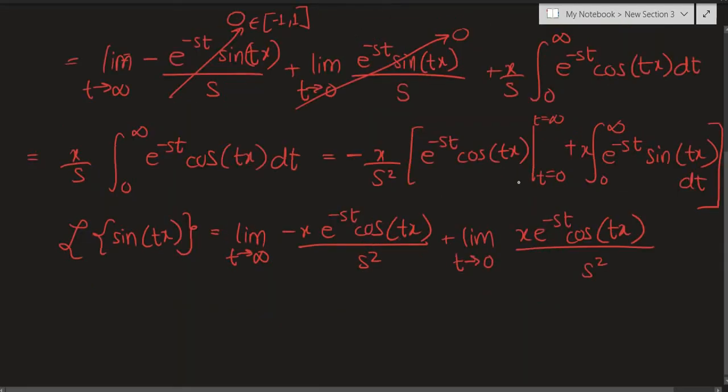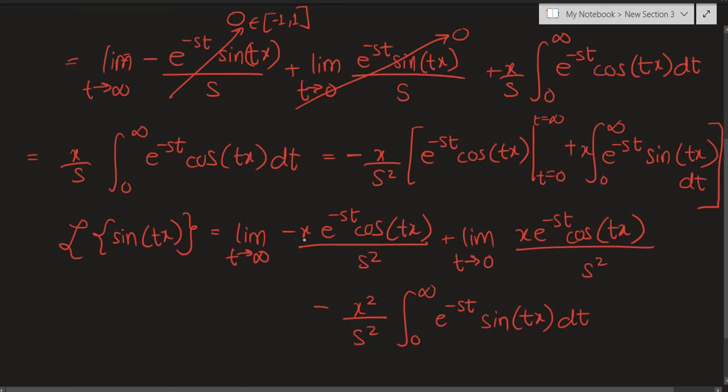And don't forget this other integral that we have with negative x squared over s squared times the integral from 0 to infinity of e raised to negative st times the sine of tx dt.